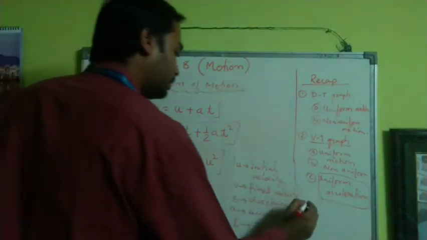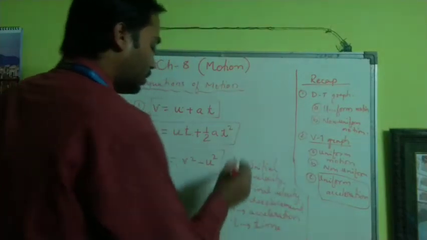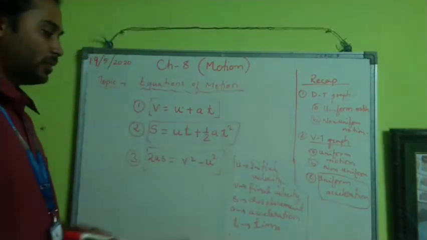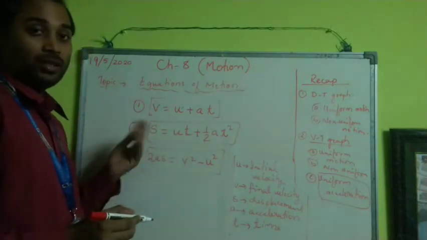So these are the five physical quantities which are used in each of these equations.